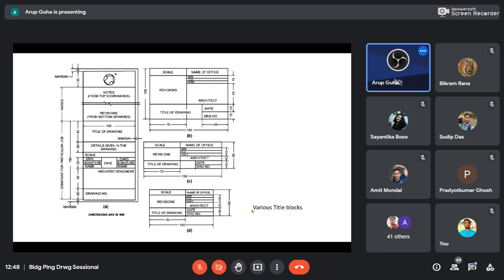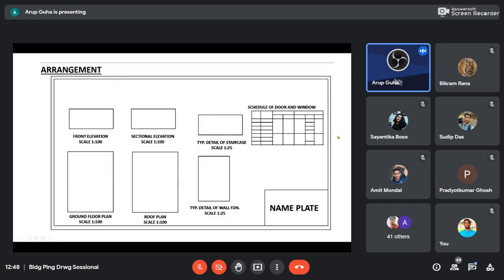Clear? Next, within an entire sheet we will have these drawings.